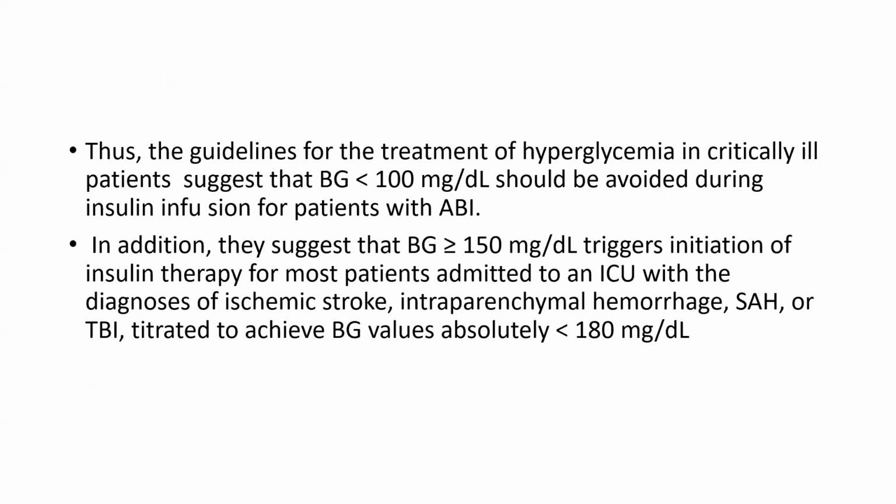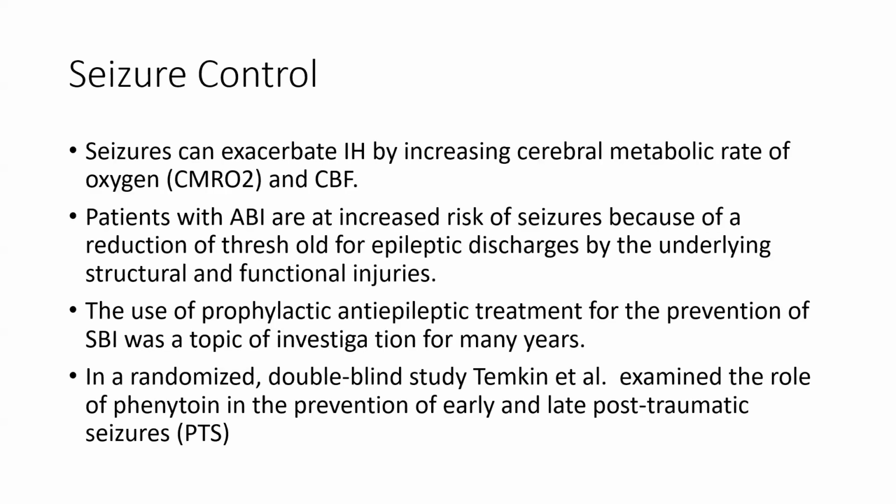So, the guidelines for treatment of hyperglycemia in critically ill patients suggest blood glucose level of less than 100 should be avoided. In addition, they also suggest that blood glucose of more than 150 trigger the initiation of insulin therapy for most patients admitted to the ICU. So, a broad range of maintaining blood glucose level is between 140 to 180.